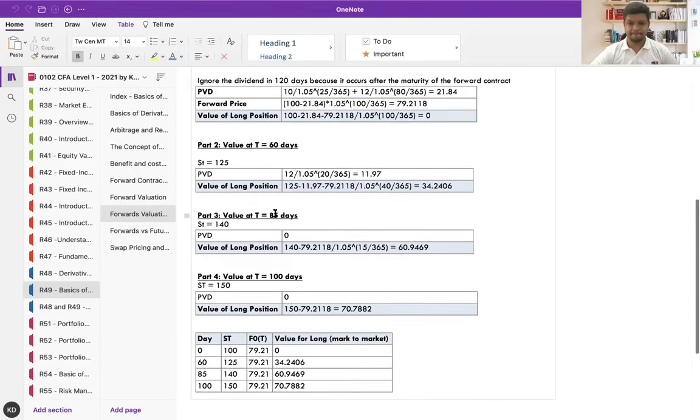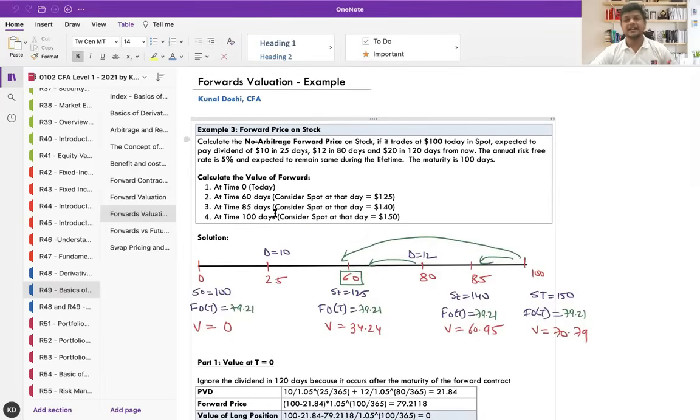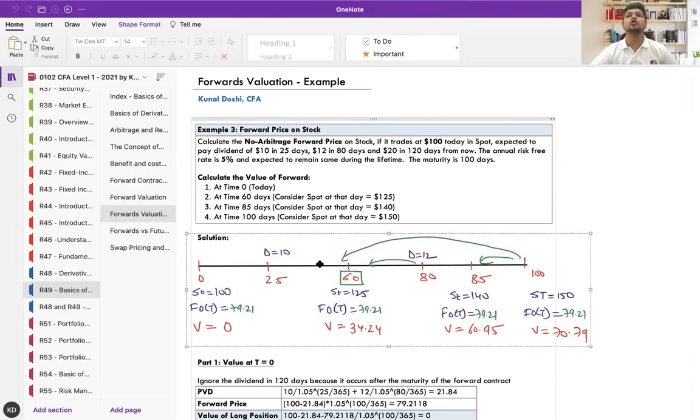Is that clear? Definitely, when you do written practice, I would suggest you to ensure that you don't make any error. Do the timeline by yourself, put up the equation and then do the calculation. Remember my technique of time value of money: timeline, equation, then calculation.